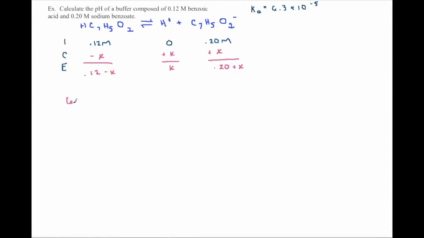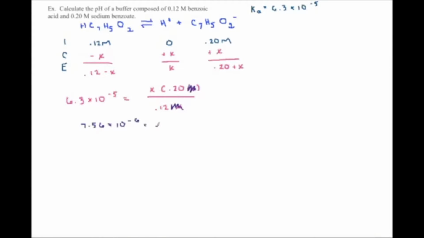So my Ka, which is 6.3 times 10 to the negative fifth, equals X, my concentration of hydrogen ions, times 0.20 plus X, divided by the concentration of my benzoic acid, which is 0.12 minus X. Again, remember, I'm assuming that this change in X and this change in X are not significant, and therefore when I solve this, I end up with 7.56 times 10 to the negative 6 once I cross multiply 0.12 by 6.3 times 10 to the negative fifth.